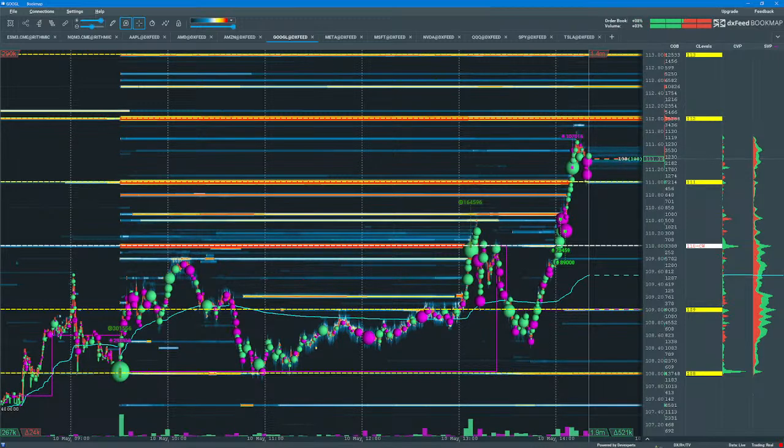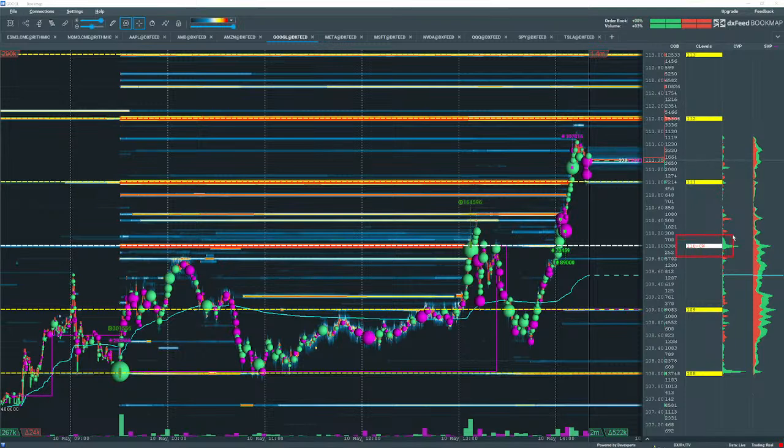So here's the initial reversal. Here's the call wall, 110. Note the high liquidity at that level. The initial reversal lower. Support at the 108 level. Another test of 110, and this time price is breaking higher.